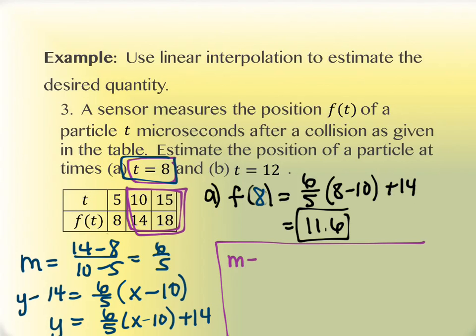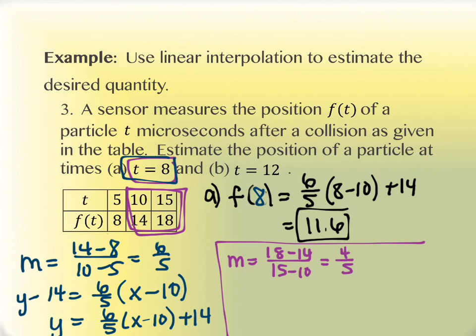So my slope value is going to be between 10 and 15. So this is a y value of 18 minus 14 over 15 minus 10. What do I get for my slope for this one? 4 over 5. So I do, in fact, get a different slope, don't I? So I will, in fact, get a different line on this one. T equals 12. So what x value, y value am I going to use?